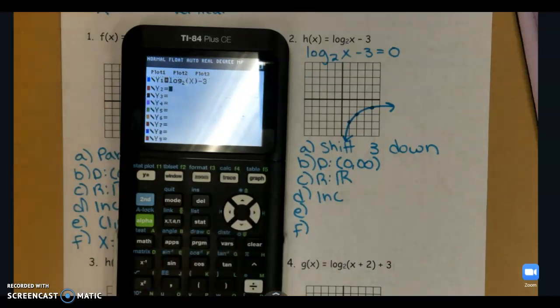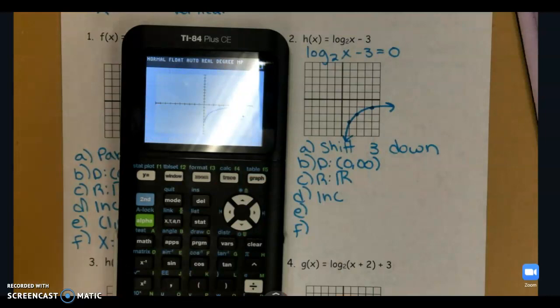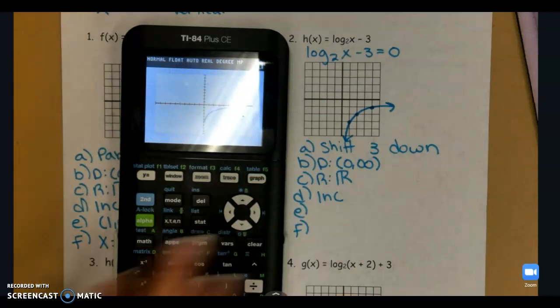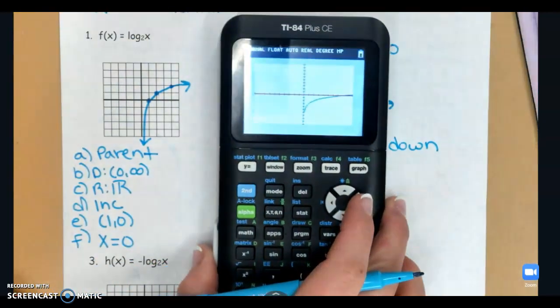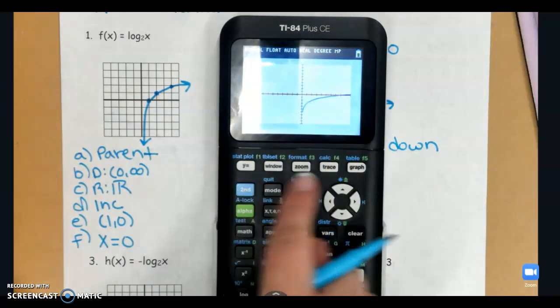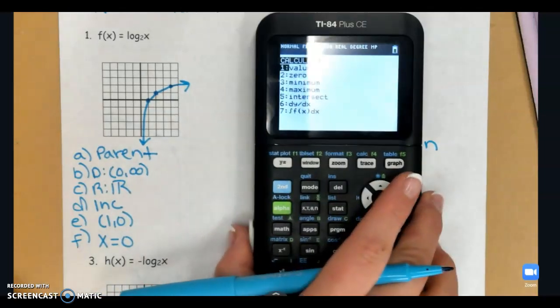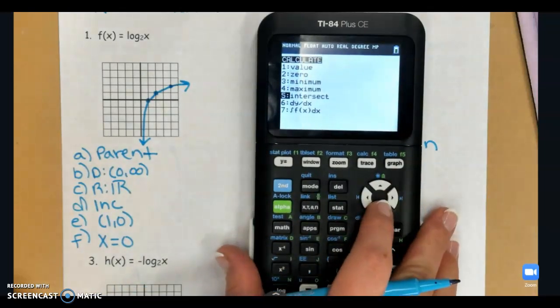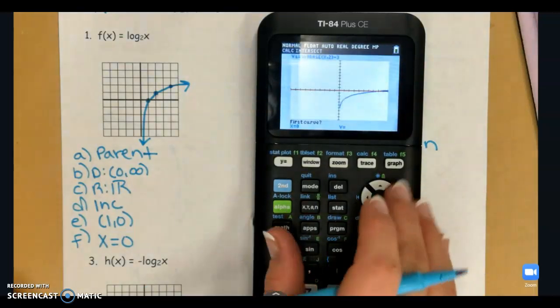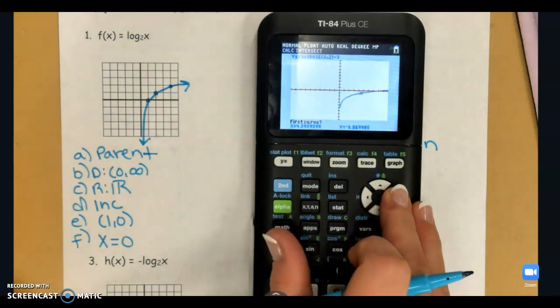And what it's doing is it's crossing my x-axis, which is also the equation of the line y equals 0. So if I plot both of those on my graph, I'm going to use my graph to tell me where those two lines overlap, where they intersect. It's somewhere over here. So I am going to use the buttons second, calc, and scroll down to option 5, which is intersect.